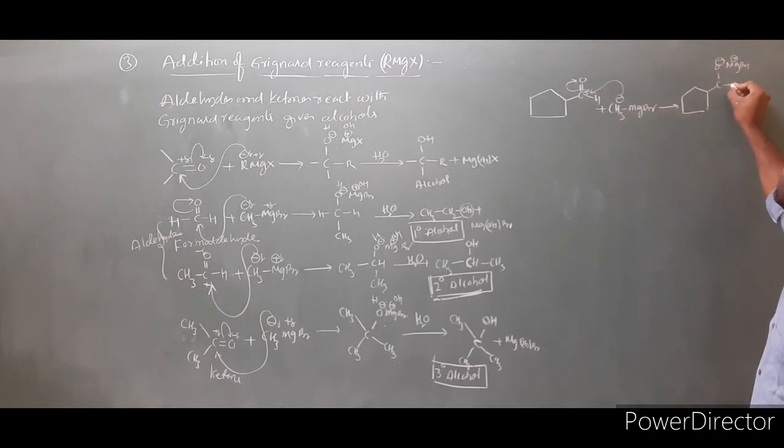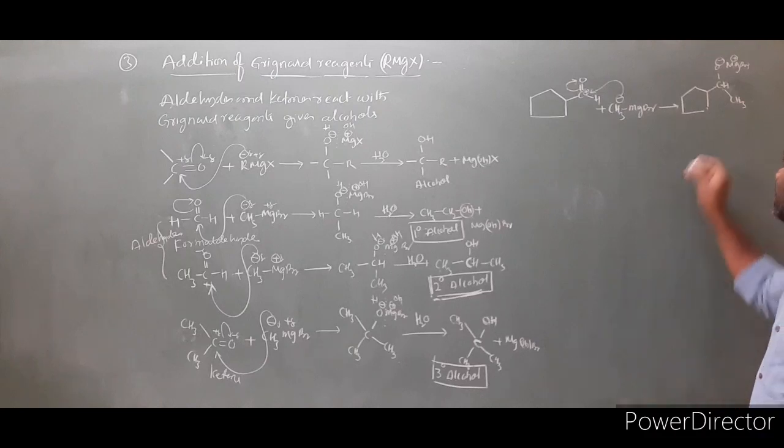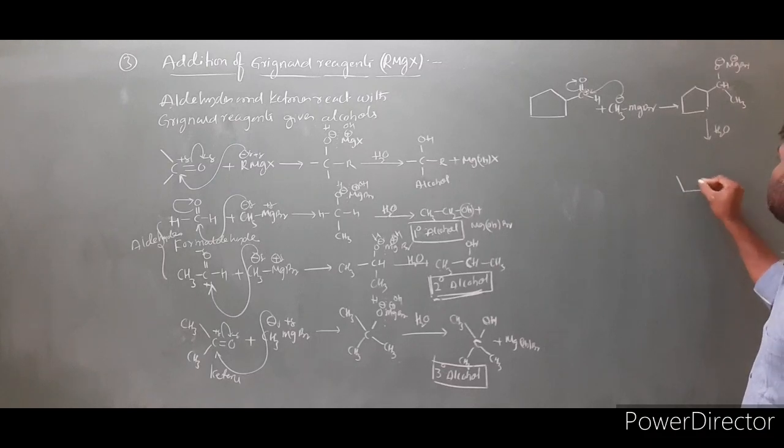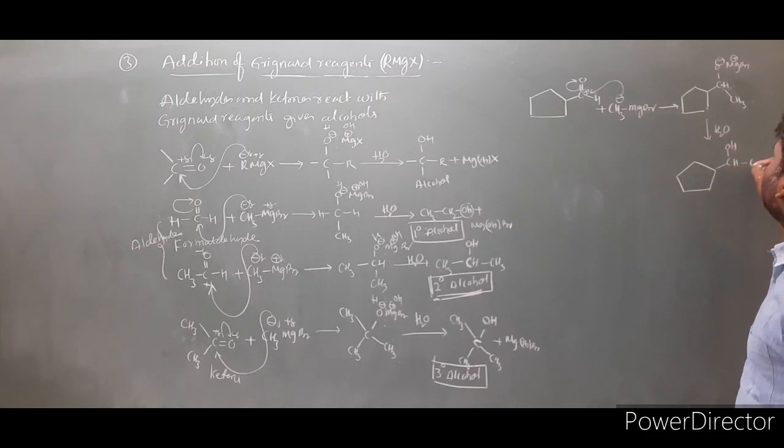To this, the CH3 group gets attached, and this already has a hydrogen. Then upon hydrolysis we add water to it. Then the product is COH, CH3. The product is a secondary alcohol.